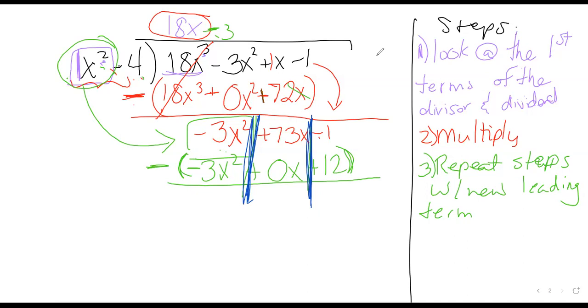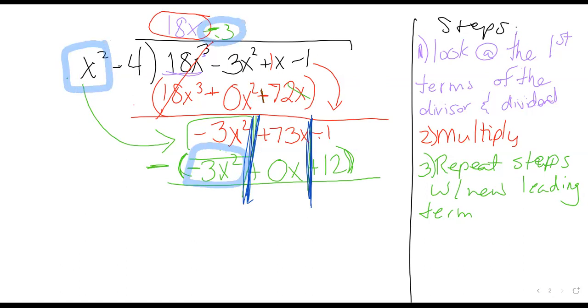So 12 I got from, let me clean this up a little bit. It's a little messy. I'm going to switch over to the highlighter. I'm going to do it step by step, Veronica. So my negative 3x squared comes from x squared times negative 3. Yes?